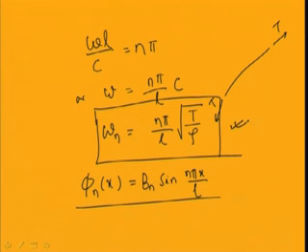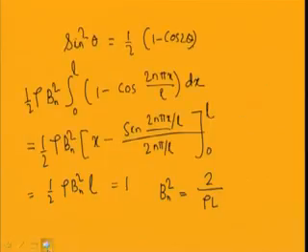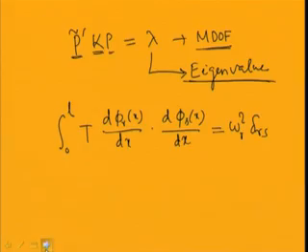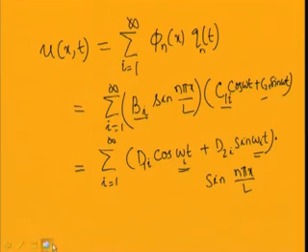So, this is for the nth mode, and the final expression for the case of the string you can write in this form: u(x,t) equal to d1_i cos(omega_i t) plus d2_i sin(omega_i t) into sin(n pi x by L).